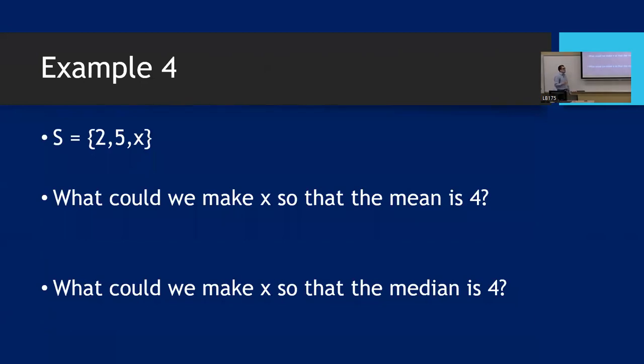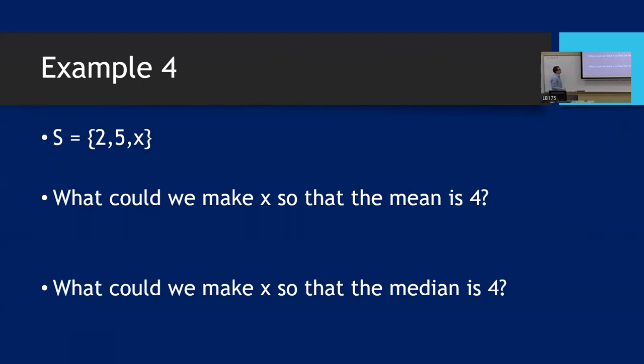So here's the part we haven't done yet. We've done a lot of the calculations, but what we haven't done is manipulate a data set. And that's really what this next example is going to be. Let's say I have a set with 3 elements in it: a 2, a 5, and an unknown value, which I'll call x.